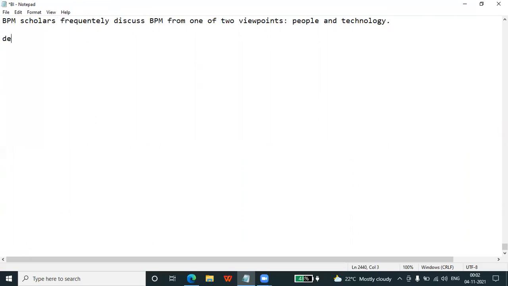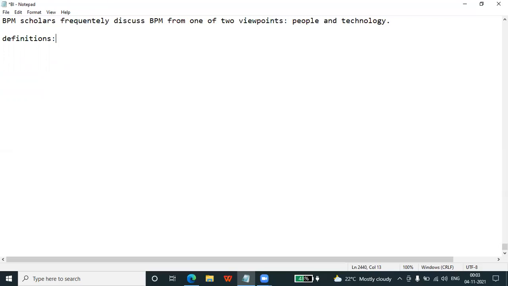So let's see some definitions. BPM is the definition, improvement, and management of a firm's end-to-end enterprise business processes in order to achieve three outcomes crucial to a performance-based, customer-driven firm.